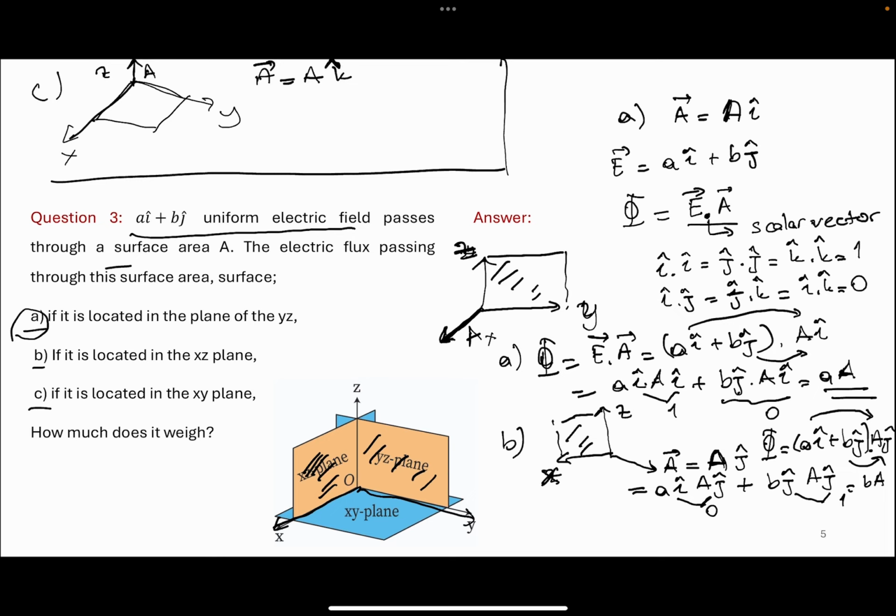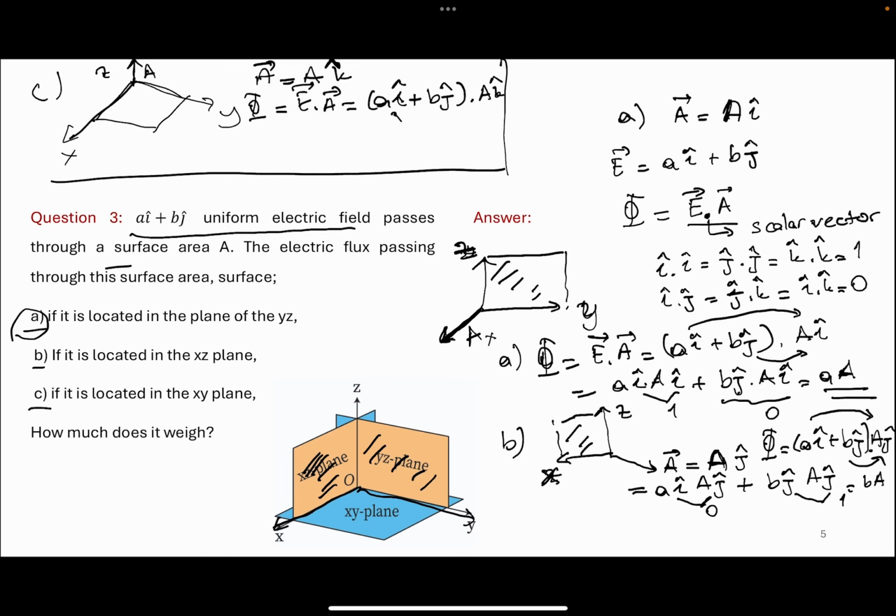So now I can put in every formula, the electric field and the surface.